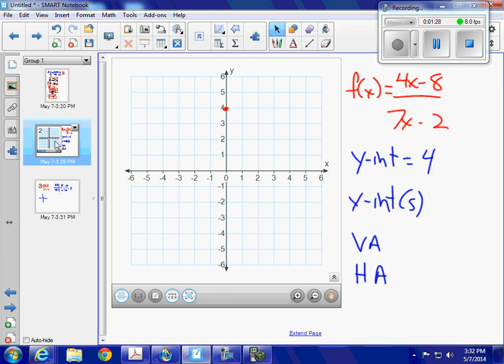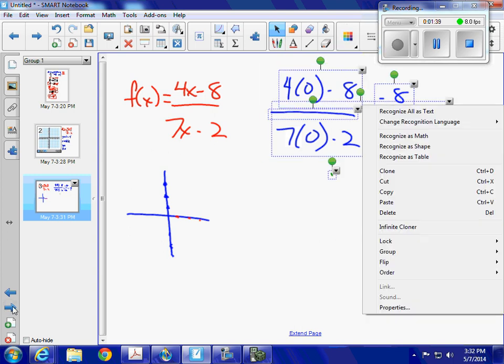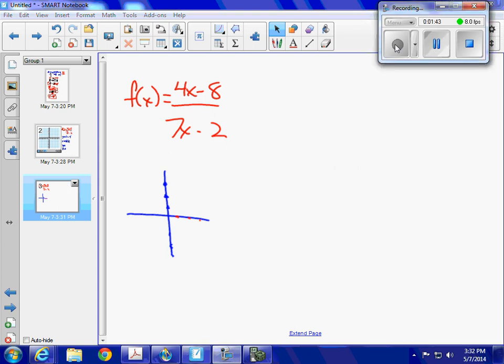My x-intercepts are where y is equal to 0. Right? X-intercepts are where y is equal to 0. So I'm going to set my y equal to 0.